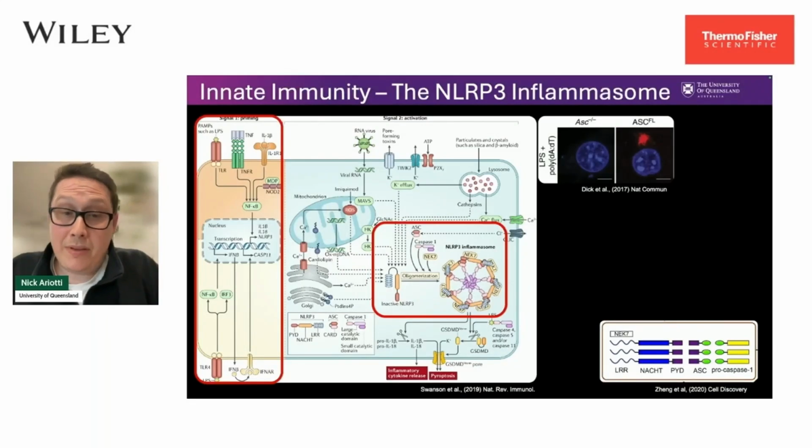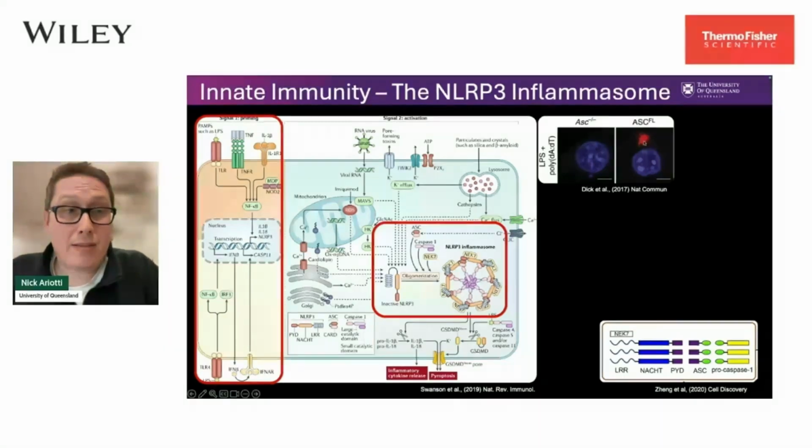When NLRP3 is activated, it undergoes a conformational change from an inactive donut-like structure to an active pinwheel-like structure that recruits other proteins, including apoptosis-associated speck-like protein containing a CARD, or ASC, and procaspase-1 to form a massive intracellular complex.